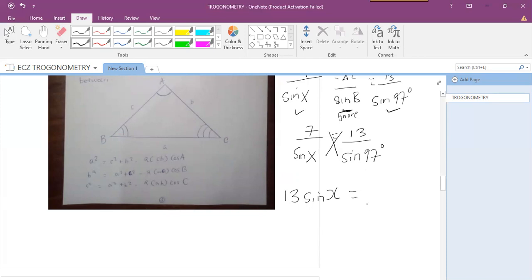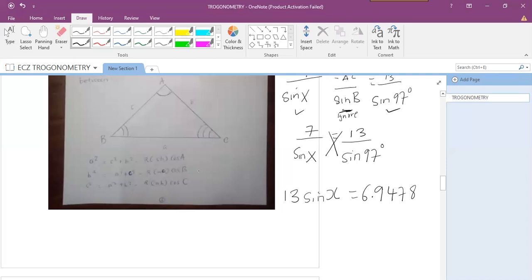What are you getting? 6.9. All right, excellent. But we're going to say 6.9478. At least leave 4 decimal places. You only round off the final answer to maybe 2 decimal places or 2 significant figures. Because you want to find an accurate answer, you leave it at least to 4 decimal places.